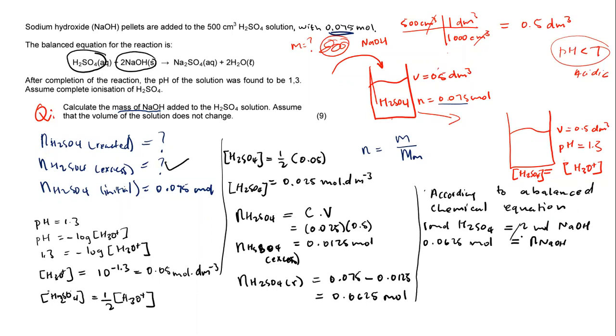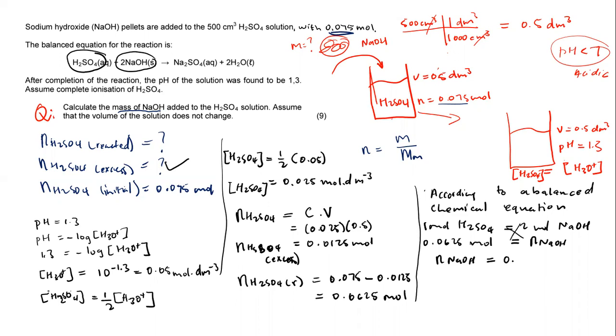So we're going to cross multiply. 1 multiplied by N, the number of moles of sodium hydroxide, is equal to 2 multiplied by this answer. 0.0625 multiplied by 2, which is 1/8, is 0.125.